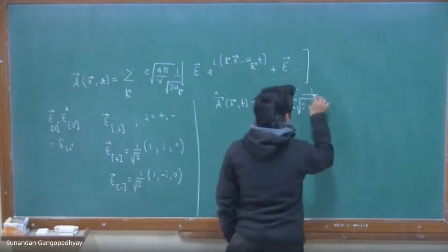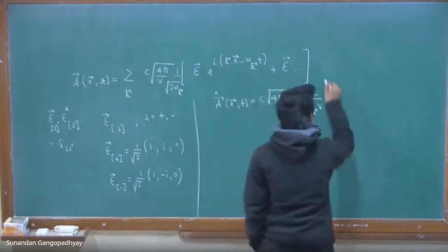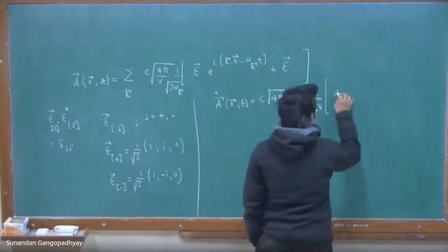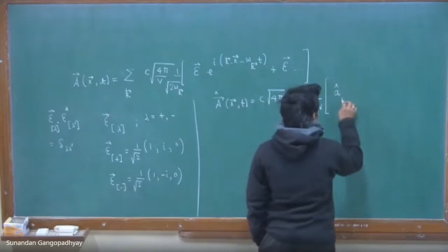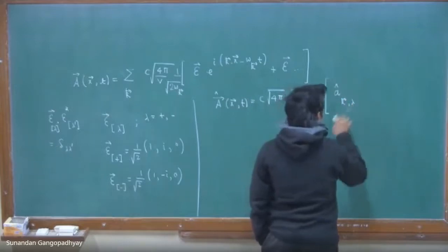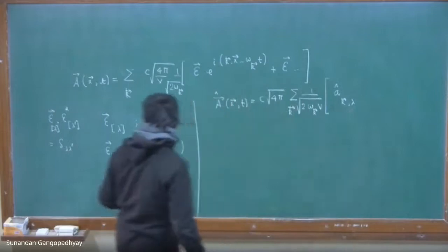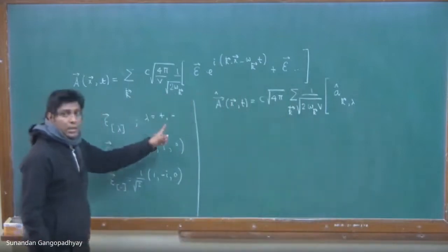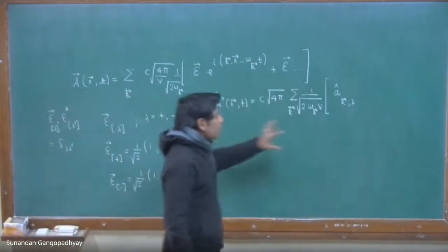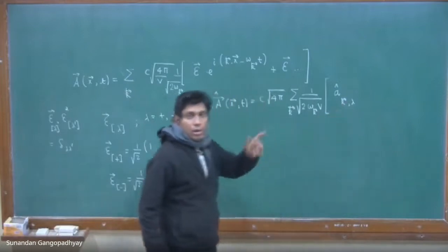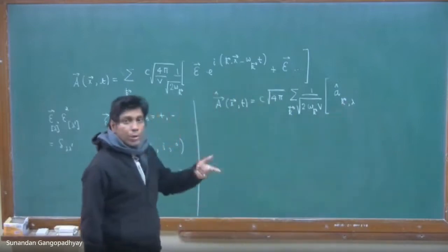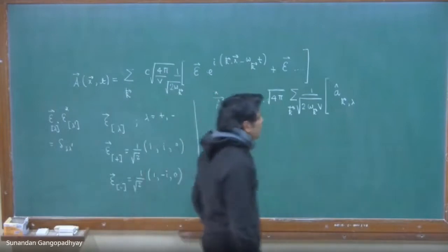You have the standard factor that you had earlier in the case of the real scalar field. Then we shall have this operator, a_{k,lambda}. So lambda takes care of these two independent states of polarization, which correspond to the two angular momentum projections of the spin angular momentum of the photon.